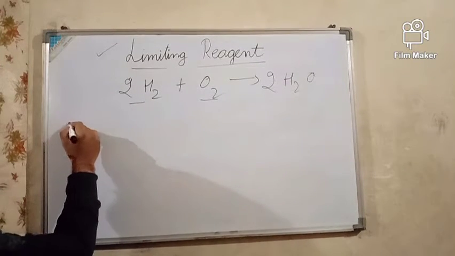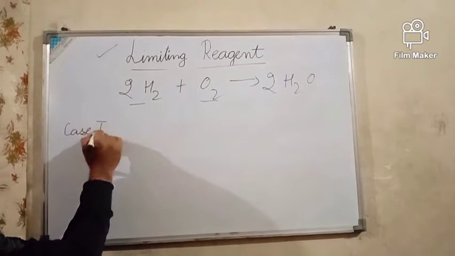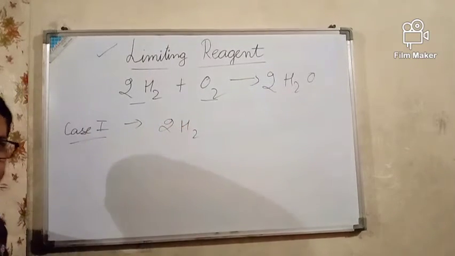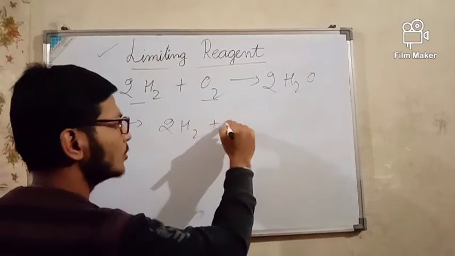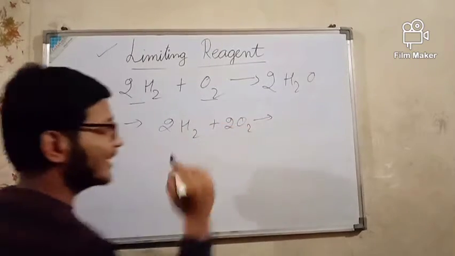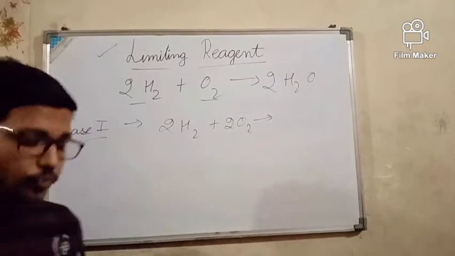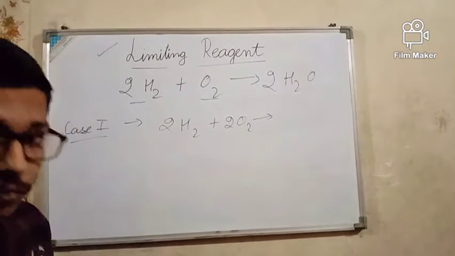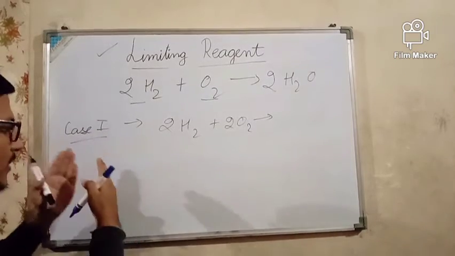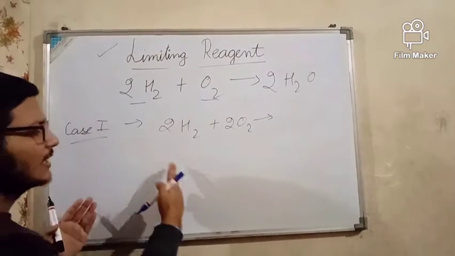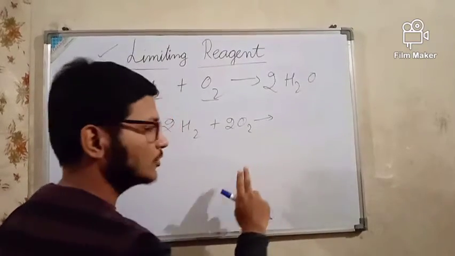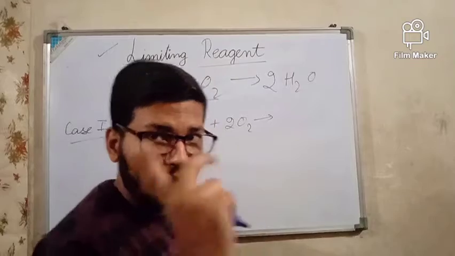Now let us suppose we have 2 moles of hydrogen and 2 moles of oxygen, and now we are to predict the number of moles formed of water. Taking the previous example of milk, 1 spoon sugar, 1 spoon coffee to make 1 cup of coffee.